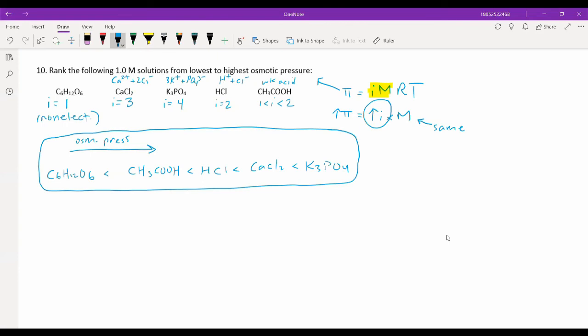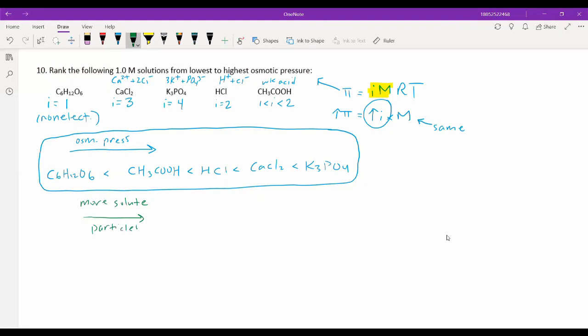So I mentioned this could be for any colligative property, not just osmotic pressure. And again, if we go back to the concept, in this order, you have more solute particles, right?